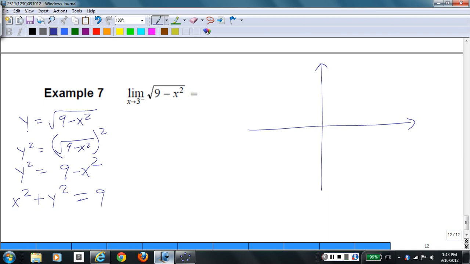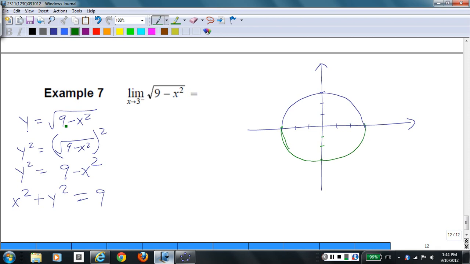Yeah, so if we were to graph the entire circle, what is the radius length of the circle? 3. So the top half of the circle would look something like this, and the bottom half of the circle would maybe look something like this.